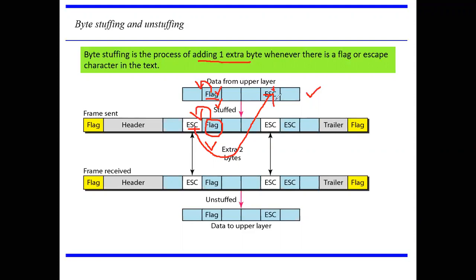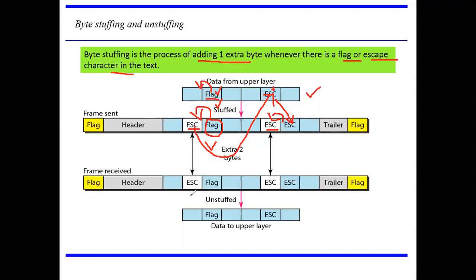If you find an escape character in the data, before that you add one more escape. That is adding one extra byte before the flag character or escape character. That is done at the sender side.